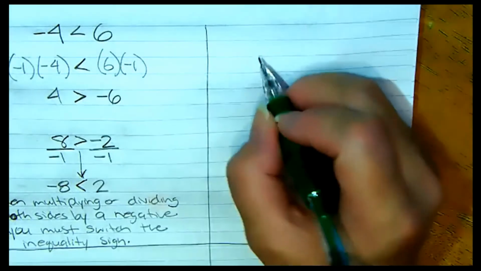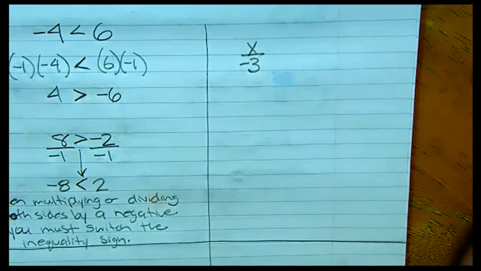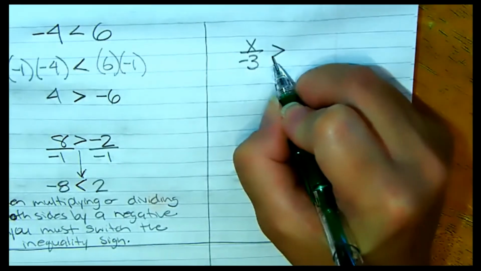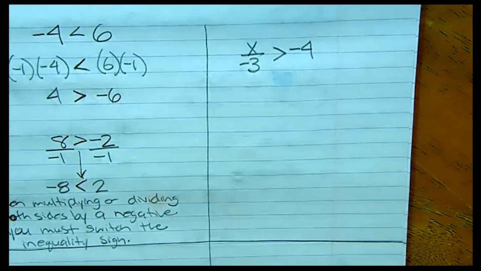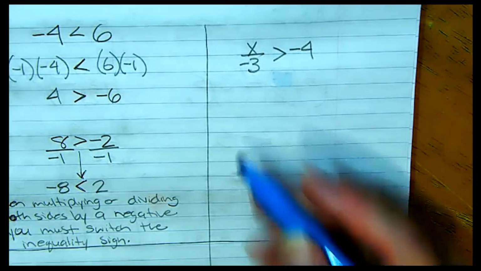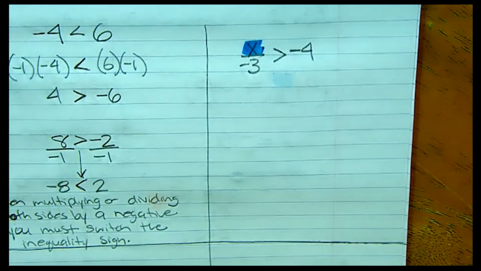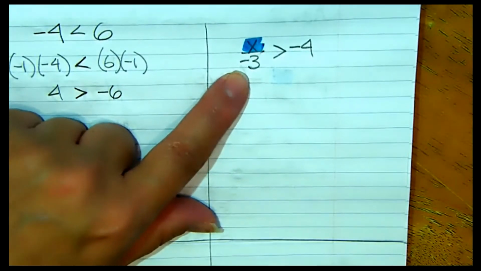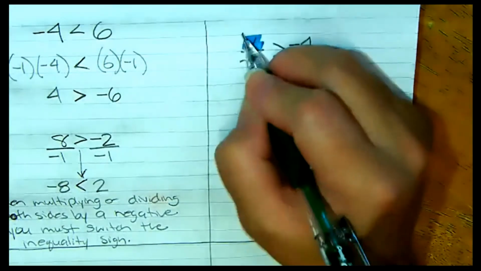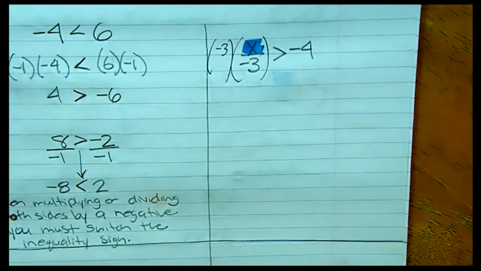So we've got x divided by -3 is greater than -4. We're going to follow the same rules. I still need to isolate my variable. To do that, I need to get rid of this divided by -3, so I'm going to multiply by -3.